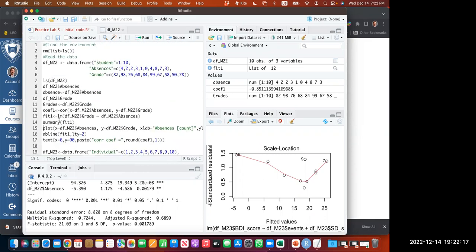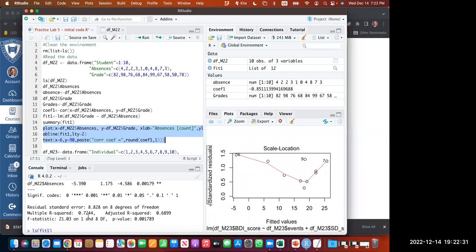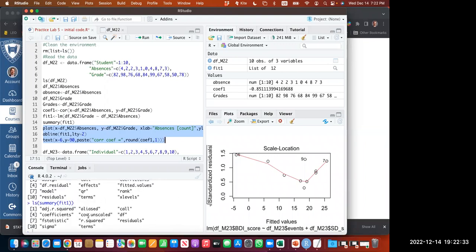Then you have, yep. Next, lines 15 to 17, line 15. The last thing was ls(summary(fit1)). So you remember how we did summary(fit1) and we got the summary of the model?